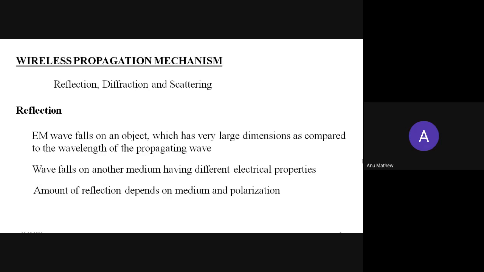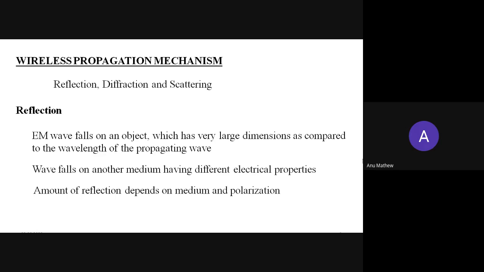So the actual transmitting path of a mobile radio is something other than line of sight propagation.